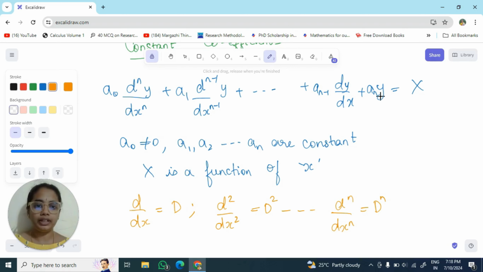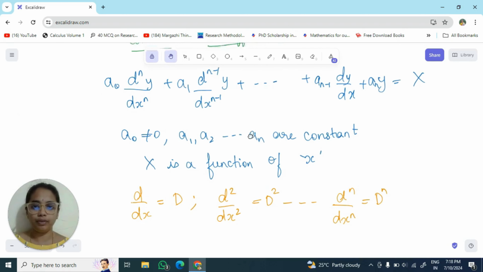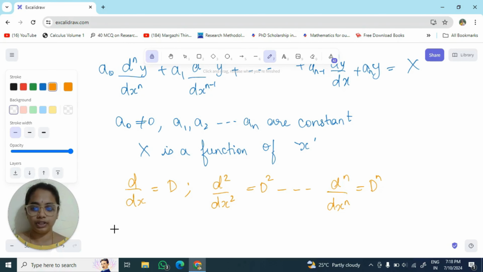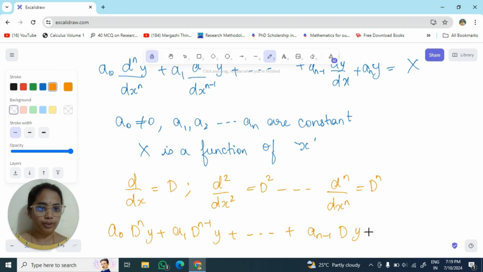Let me replace in the general form. We'll get a naught D n y plus a1 D n minus 1 y plus so on up to an minus 1 D y, and y would remain as it is.